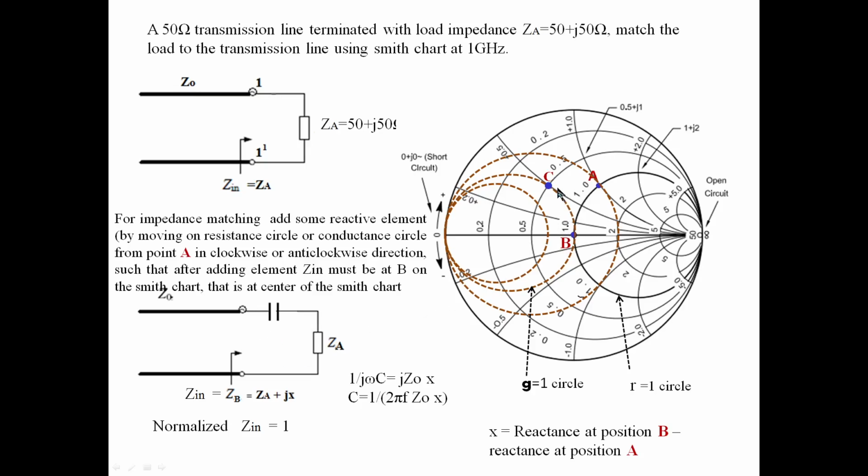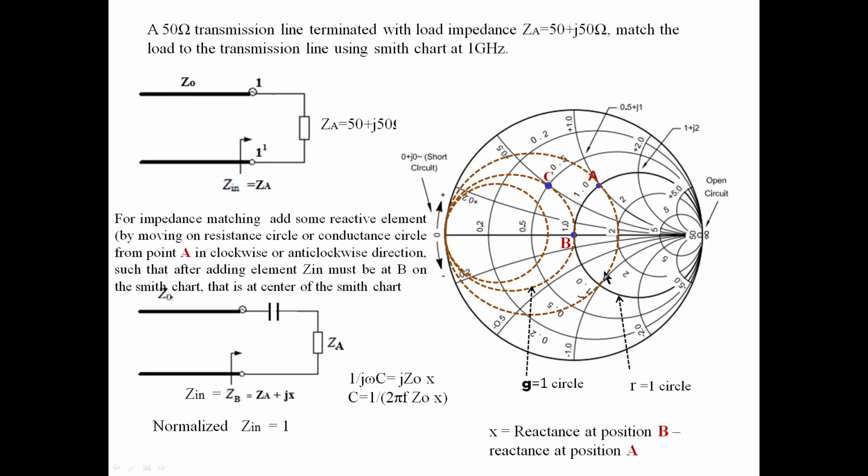So based on the load, you can move over the Smith chart and find out the values of either capacitor or inductor, based on your movement, on which circle you are moving. Are you moving on a conductance circle or on a resistance circle? And again, are you moving in the clockwise direction or anti-clockwise direction?